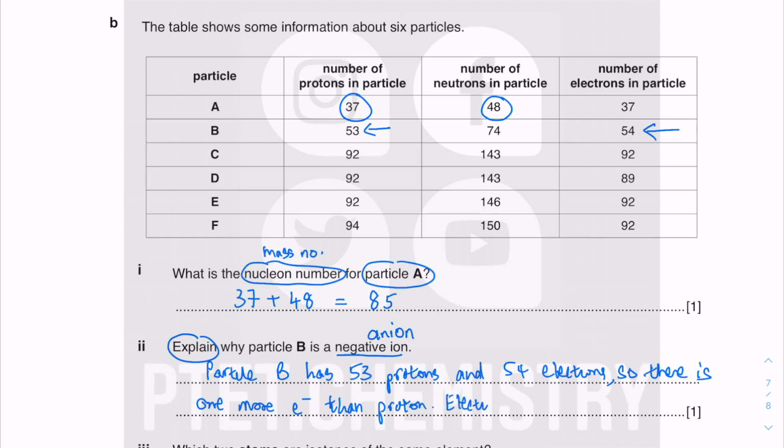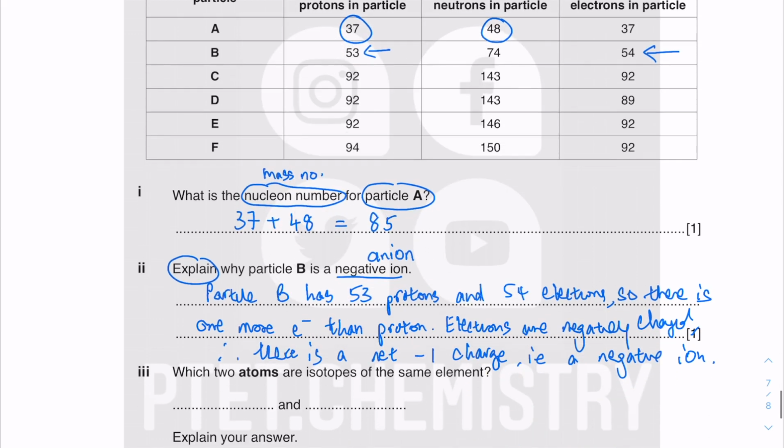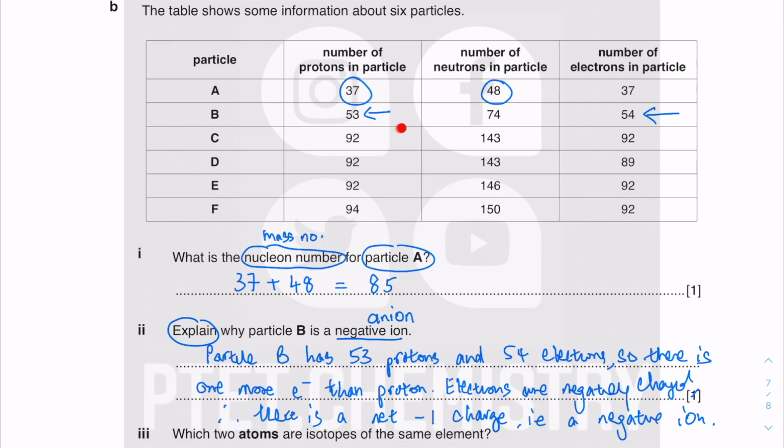Electrons are negatively charged. Therefore, there is a net -1 charge, i.e. a negative ion. It is a negative ion because you have a net -1 charge, because you have one more electron than protons, and that is simply using the data from the table for particle B.